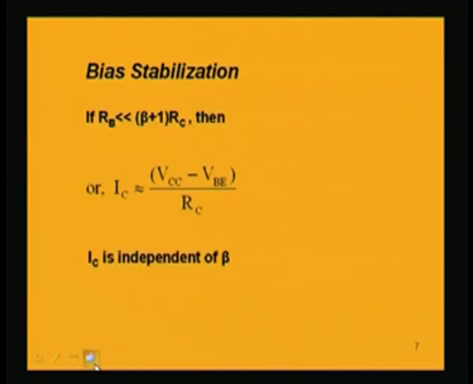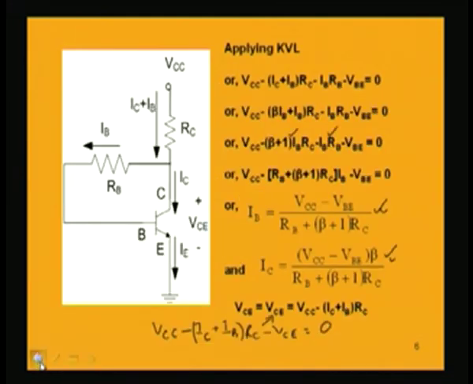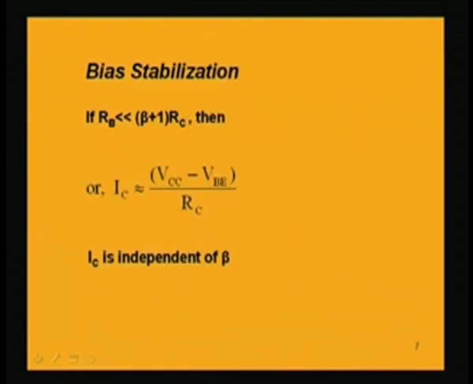That is actually possible. If RB is much less than (beta plus 1) RC, then we can write the expression for IC as (VCC minus VBE) into beta by (beta plus 1) RC, and then we can cancel beta and beta plus 1, which are nearly equal because beta is a high value, and we get an expression which does not have beta.